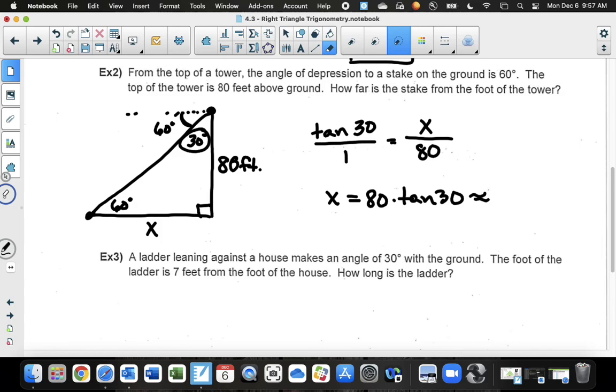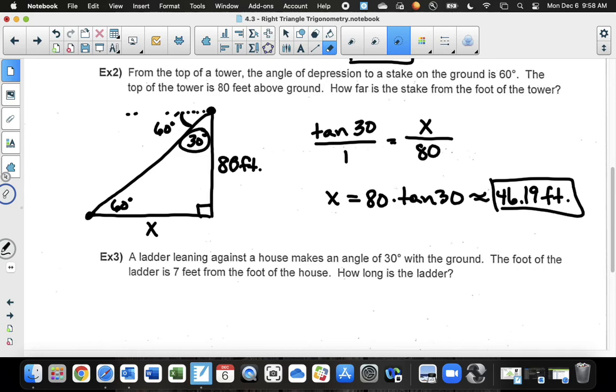What is 80 times the tangent of 30? 46 point what? 19. Okay. Agree, by the way? Confirm? Yep. 46.19. And what was this? Feet. So based off of our calculations, that stake is about a little more than 46 feet away from the base of the tower.